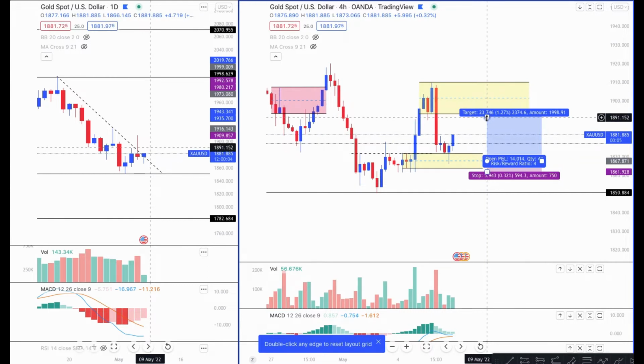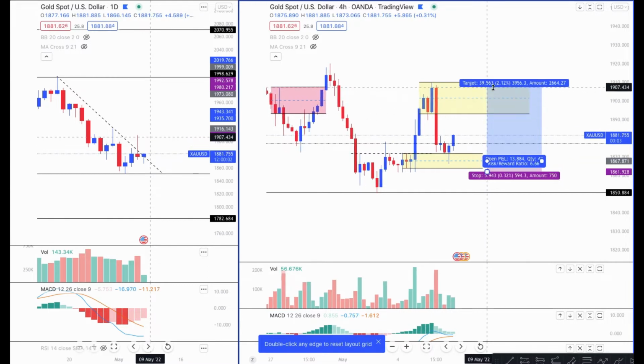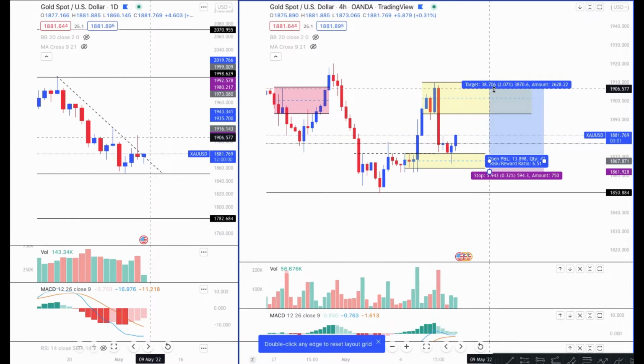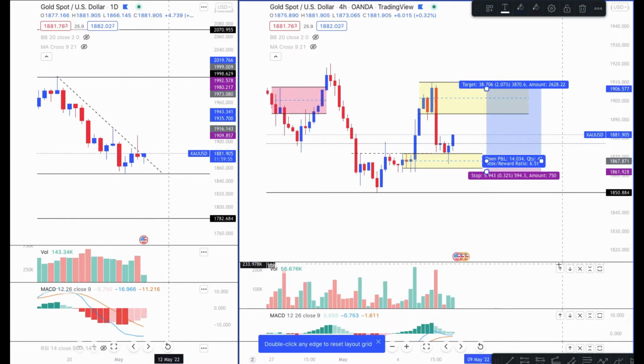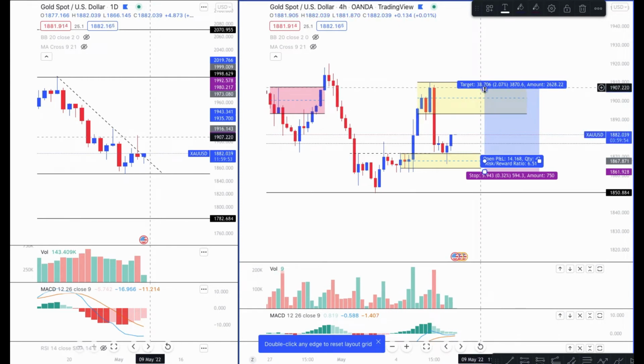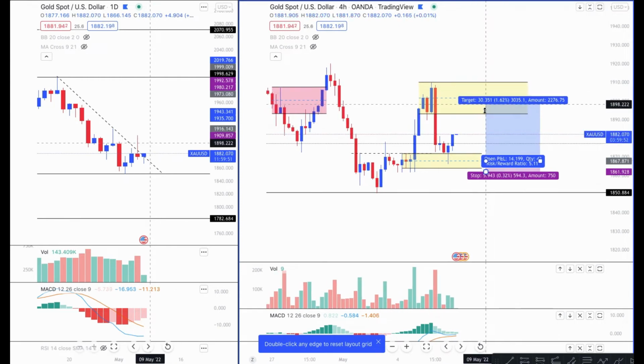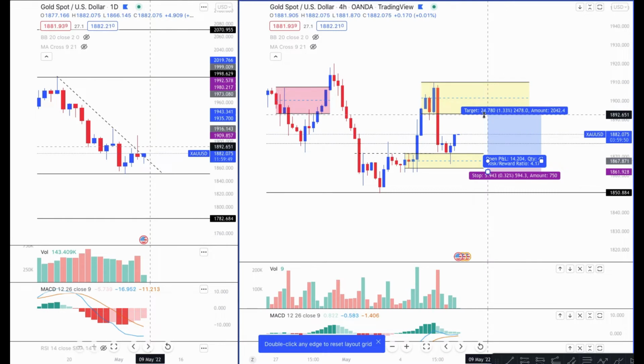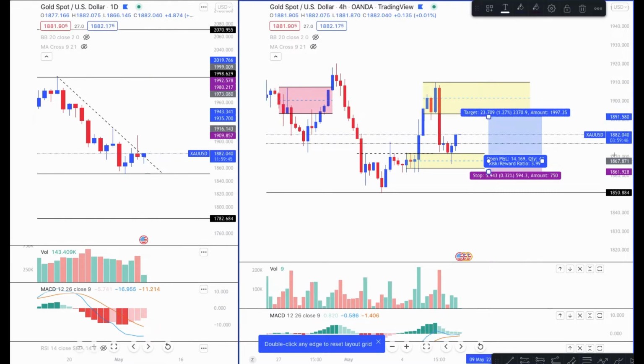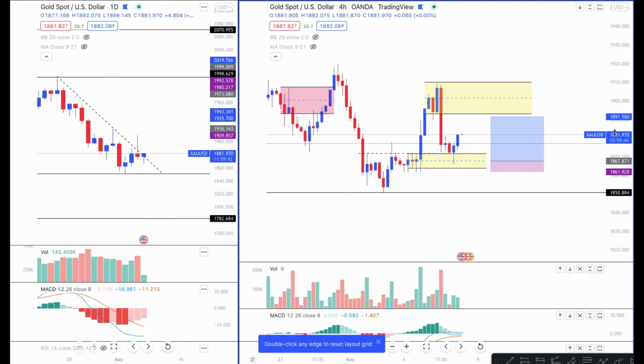Now I could easily say, let's put our target over here and try and aim for a 1:2.6, because we think that gold is going to hit resistance before coming back down. This is all very well and good to say, and this could play out, but then it would just be hindsight trading, and I don't like hindsight trading.